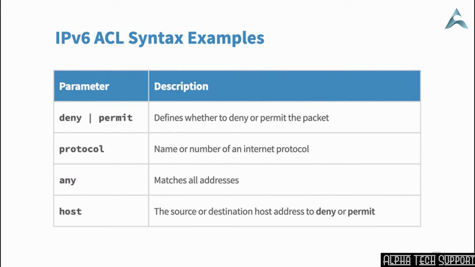Let's talk about a couple of those. Deny or permit. Well, that simply is defining whether to deny or permit the packet. Protocol. Now, this is the name or number of an internet protocol. Any will match all addresses. And host. This is the source or destination host address to deny or permit.